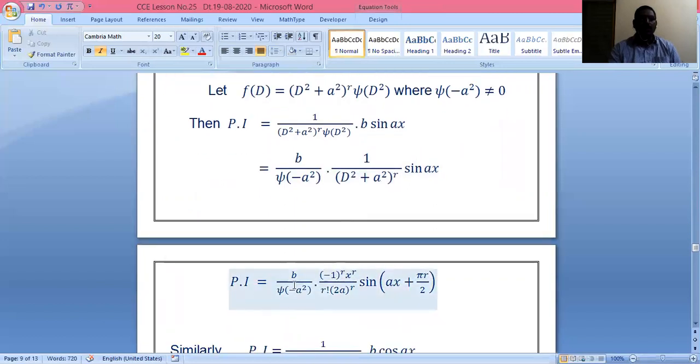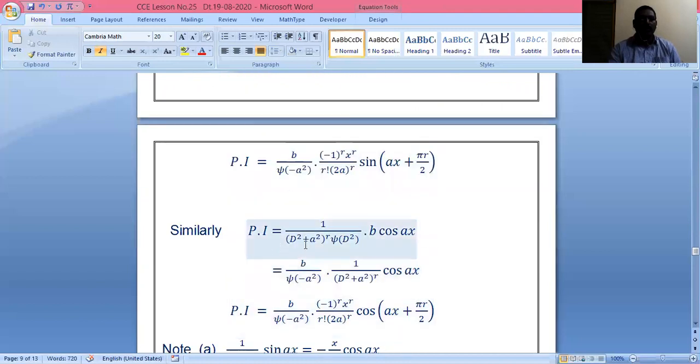PI is equal to b/ψ(-a²) times (-1)^r x^r / (r! (2a)^r) sin(ax + πr/2).